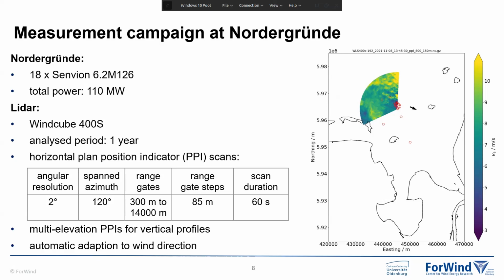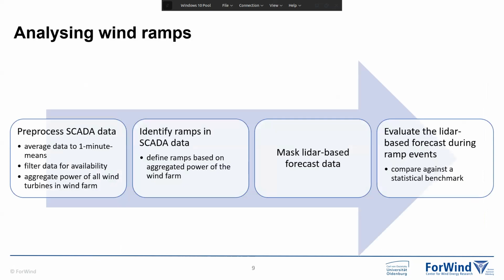An important point is that we always adjusted our measurements to the wind direction. The LiDAR was automatically following the wind direction by extracting it from the scans, and once the deviation was too big, we adjusted it. So I think that covers the wind farm.